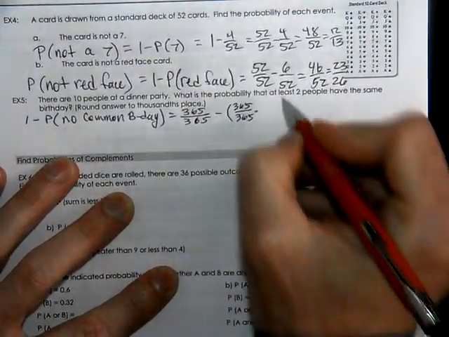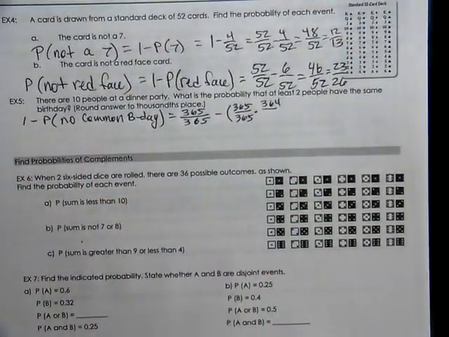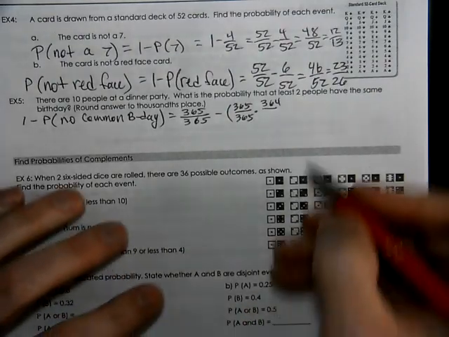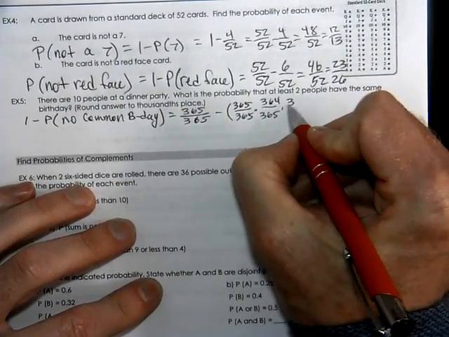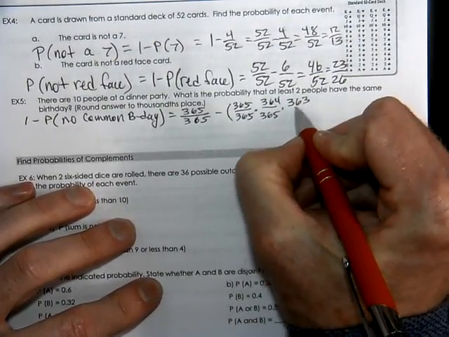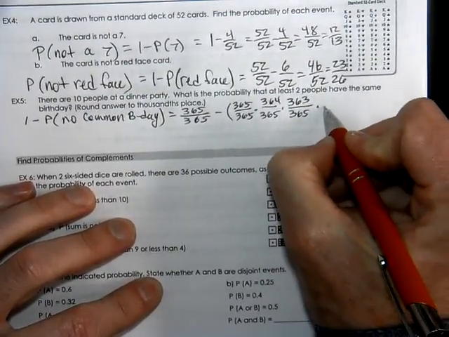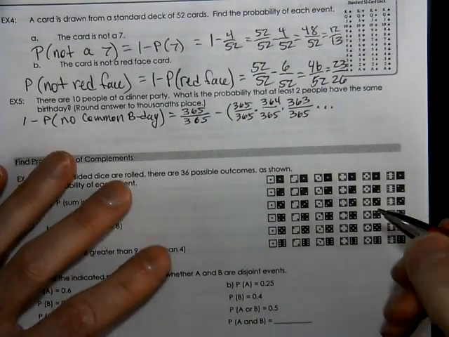But the second person has to have a different birthday. So we're going to say that they have 364 days that their birthday could land in. The third person has to have a different birthday. And we would continue that pattern all the way down.